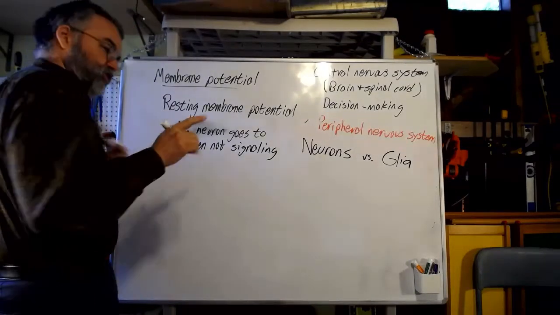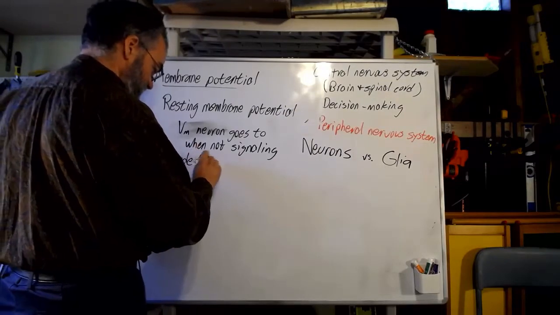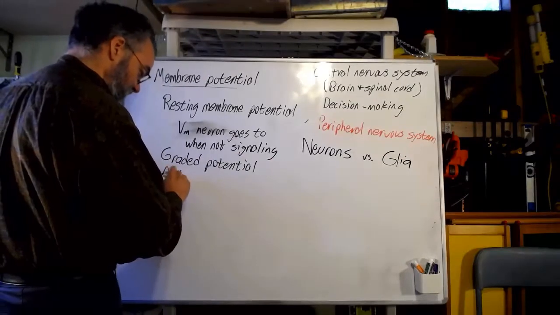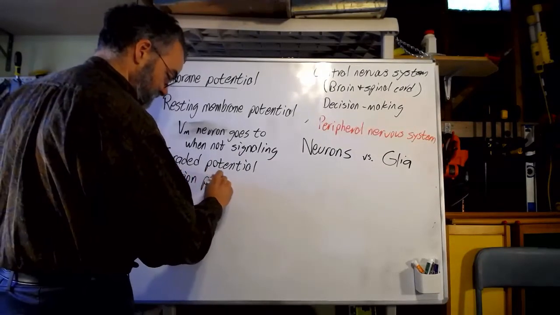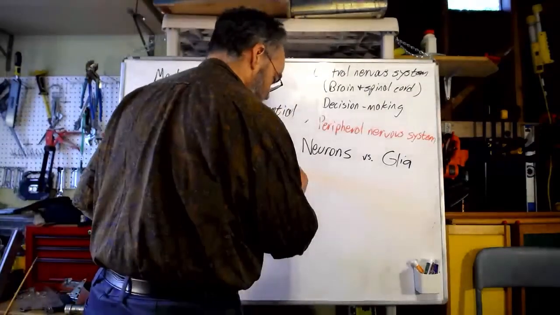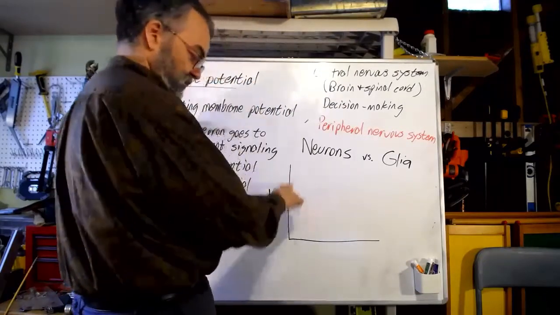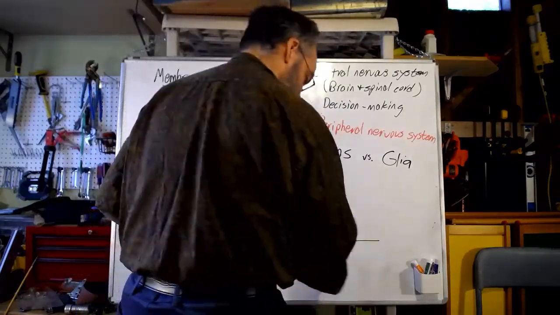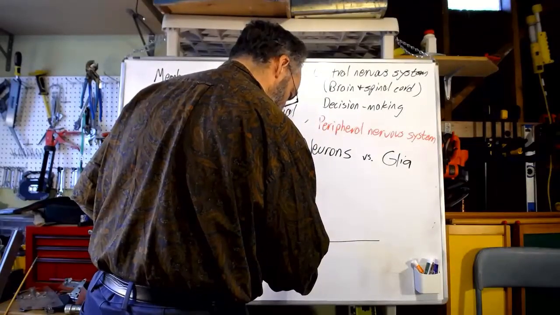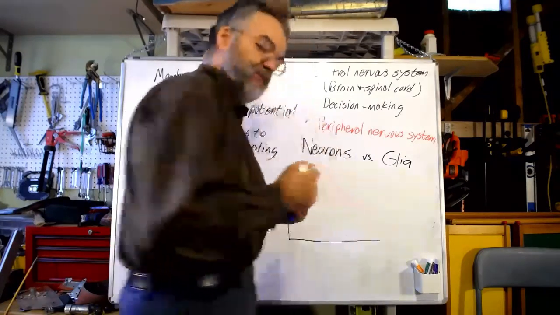There are then two kinds of nerve signals we're going to talk about: the idea of a graded potential and the idea of an action potential. And I also need to give you a little bit of terminology. So if we imagine a chart here with membrane potential on one side, this would be time. And let's imagine that this here is our resting membrane potential.